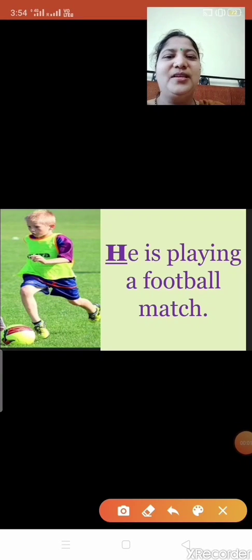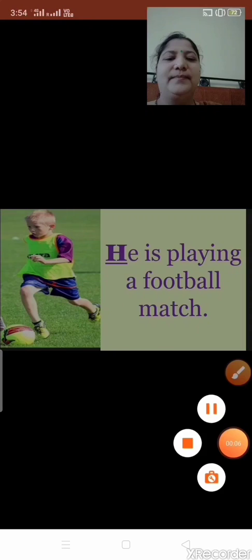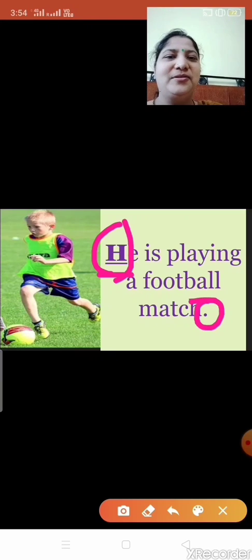He is playing a football match. Children, here also a sentence begins with a capital letter and ends with a full stop. Right? Understood? A sentence always begins with a capital letter and ends with a full stop.